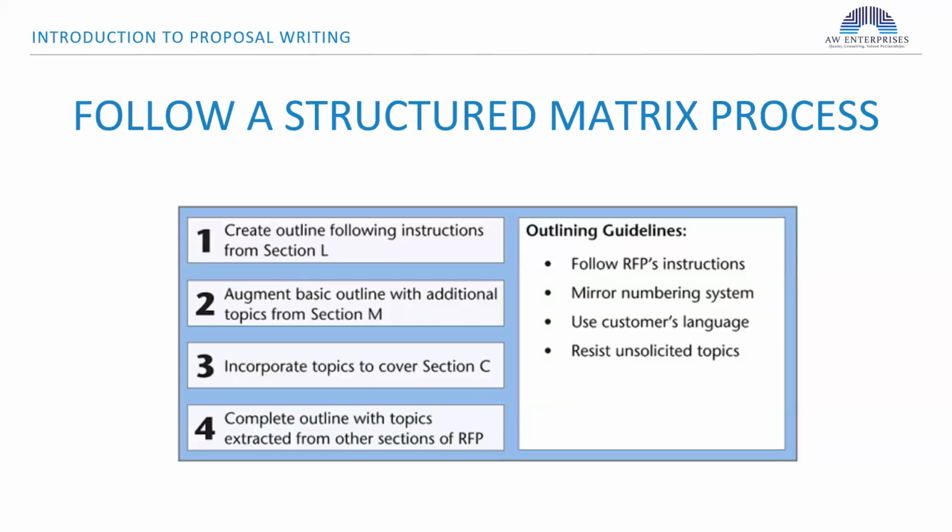Should you go over, the government will stop reviewing your bid. Again, follow instructions. That's the key thing from this area, making sure that you're compliant with the instruction section. Okay.